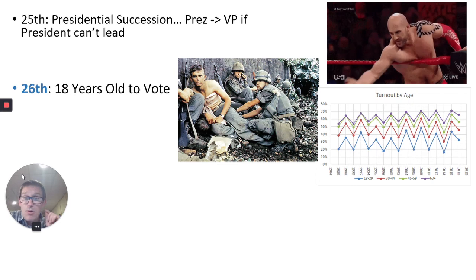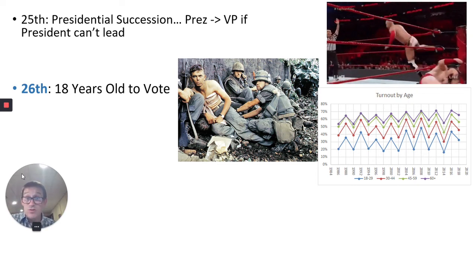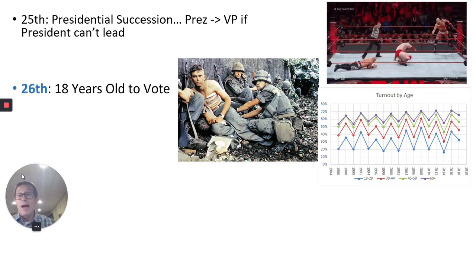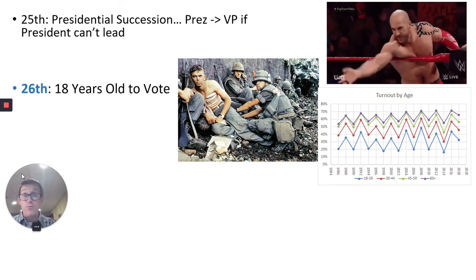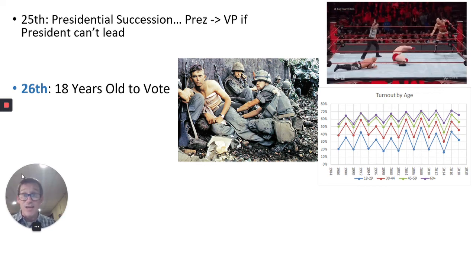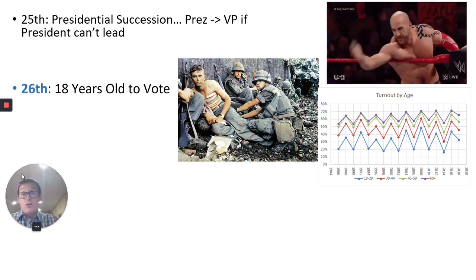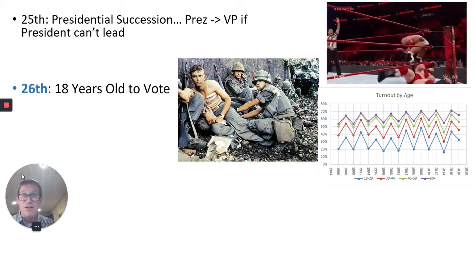The ironic part was that those same people who were being sent to fight were not eligible to vote, because in many states you had to be 21 years old to vote. So 18-year-olds and young people all across the country started pushing for the right to vote to be changed down to 18. If I'm old enough to fight, if I'm old enough to be sent off to war, I should be old enough to vote. And the nation agreed, and the 26th Amendment is ratified.